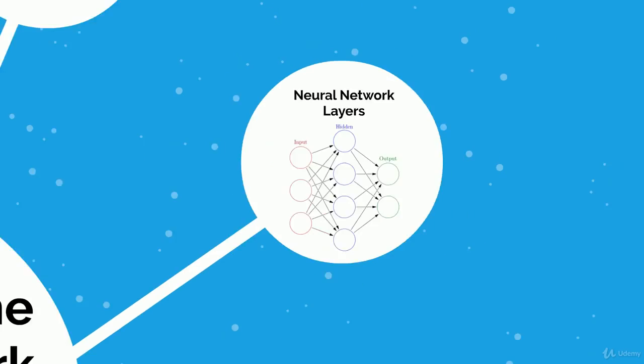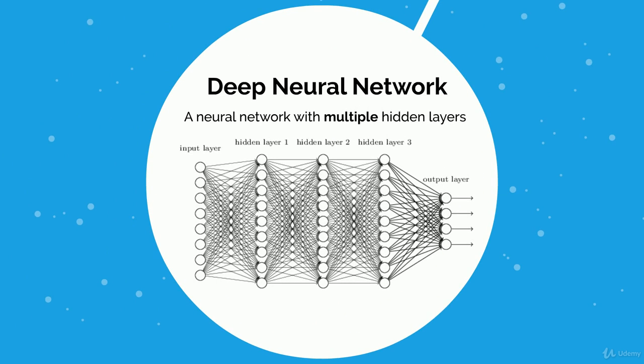When they get a lot more complicated and look a little bit like this, they're considered deep neural networks. A lot of people get really excited by artificial intelligence, and this is the area where machine learning and artificial intelligence overlap. When we have multiple hidden layers, we have what we call a deep neural network, and it is able to do deep learning.